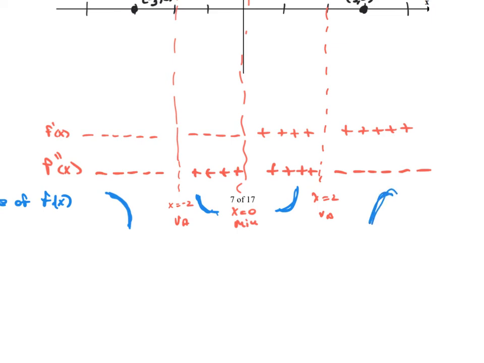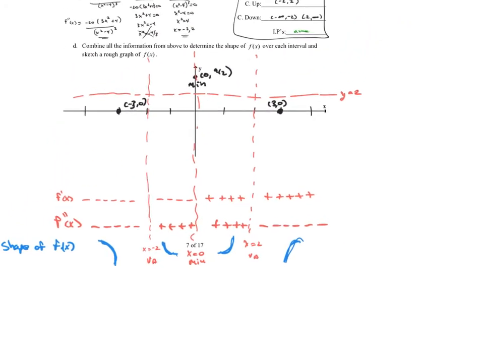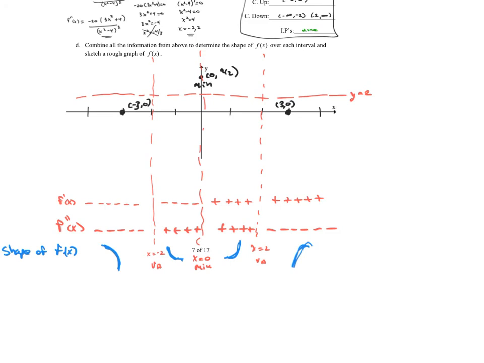So what do I do now? I put it all together on my graph. I need to go through the points, approach my asymptotes, and keep that shape. For instance, I need to approach y equals 2 as I go to -infinity, but I either need to approach it from above or below. Because of the shape, I know I have to approach from below. Likewise, I need to approach the vertical asymptote x equals -2.